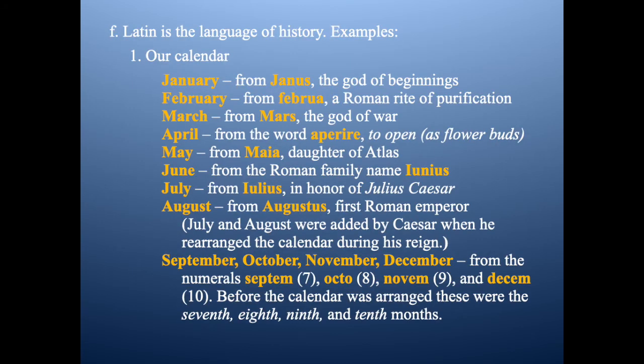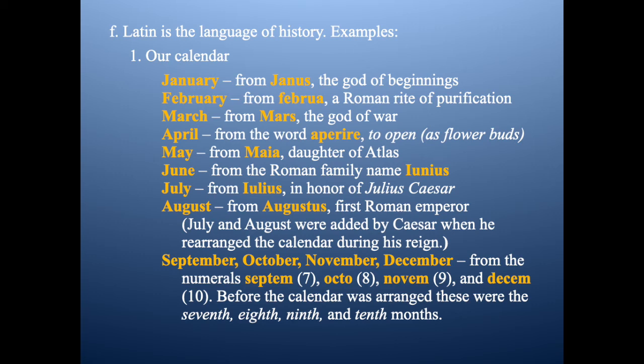Now, going beyond the word masteries, we get a lot of historical aspects to Latin, a language of history. Now, for good or for bad, for whatever, we take it as it is. All the months of the year in our calendar are based on Latin words and such.